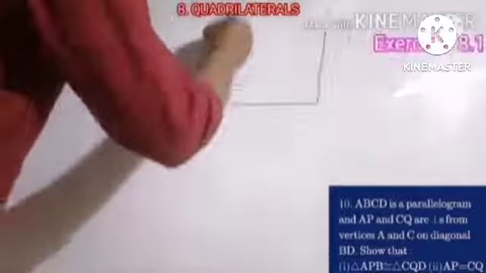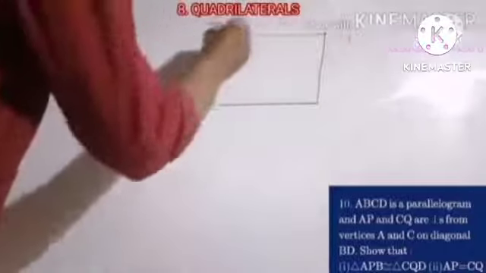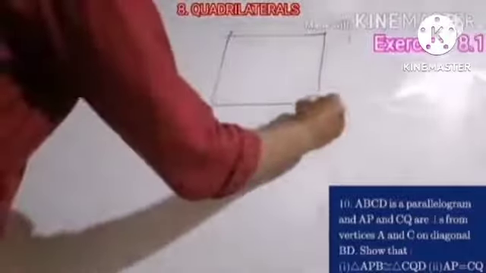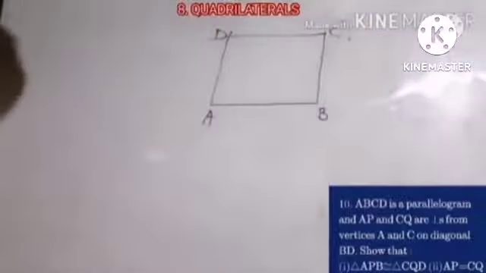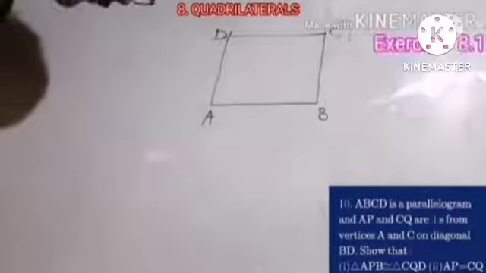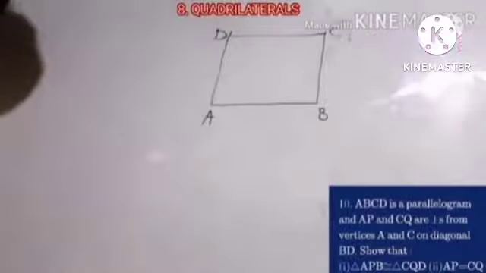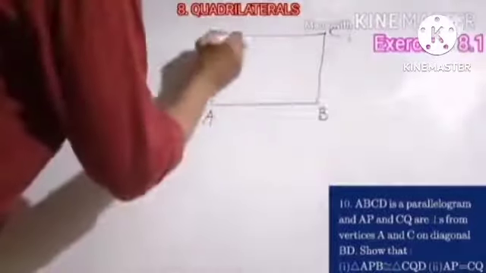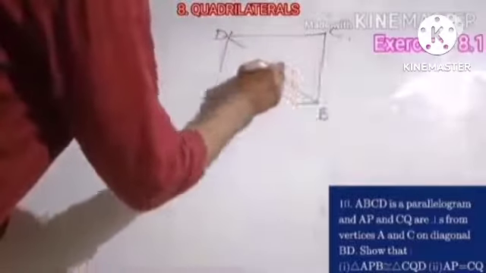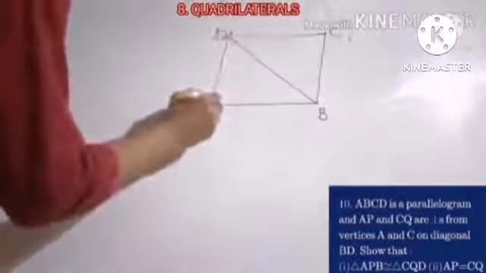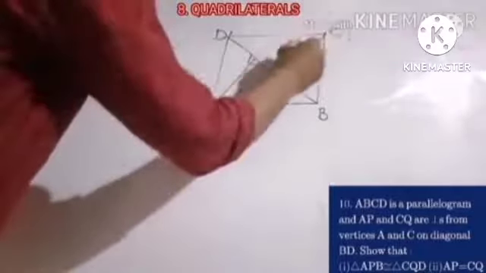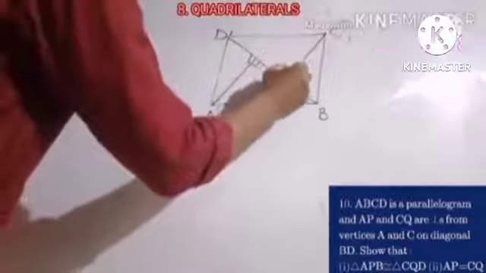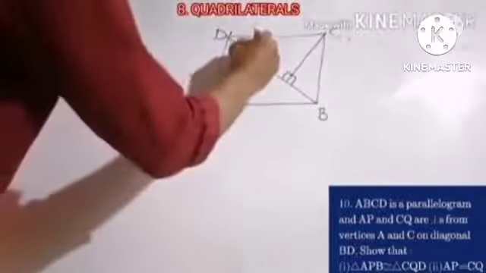So join diagonal BD. Draw two perpendiculars to BD from A and C, which are AP and CQ.